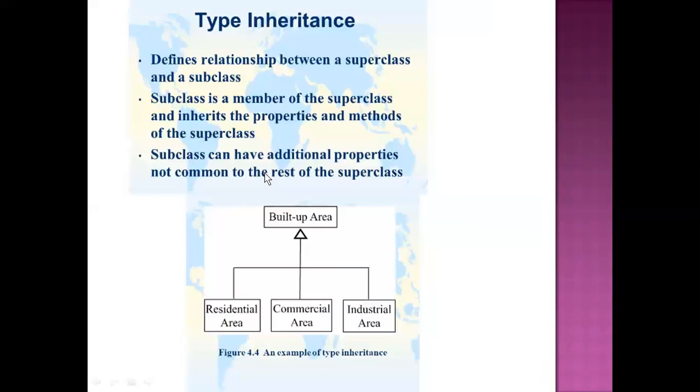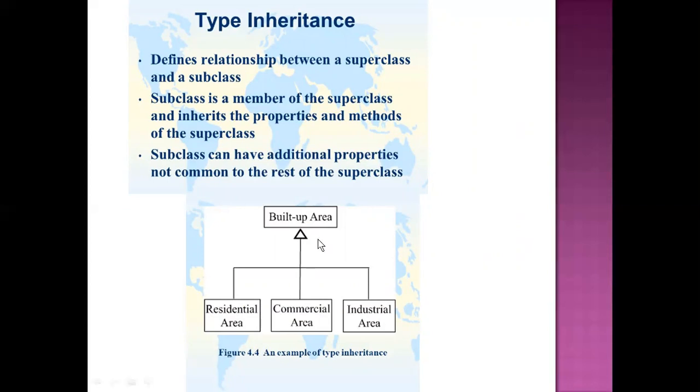Type inheritance defines the relationship between a superclass and a subclass. A subclass is a member of the superclass and inherits the properties and methods of the superclass. A subclass can have additional properties not common to the rest of the superclass.